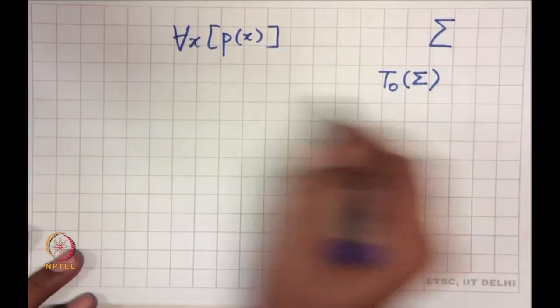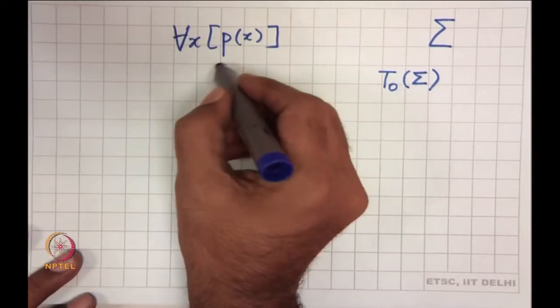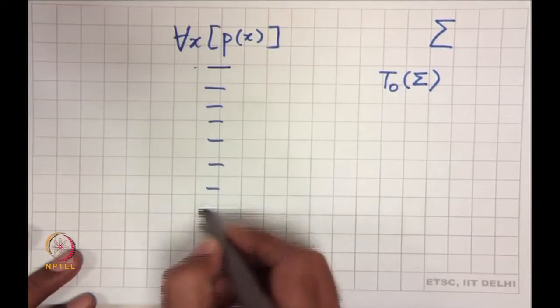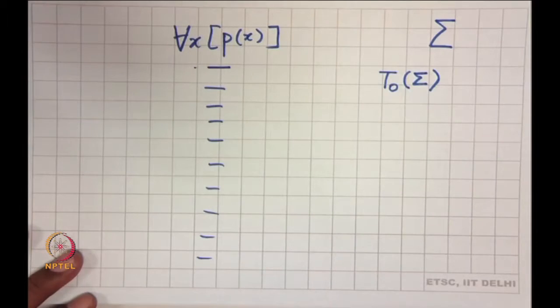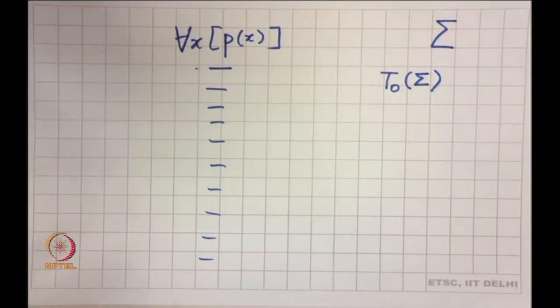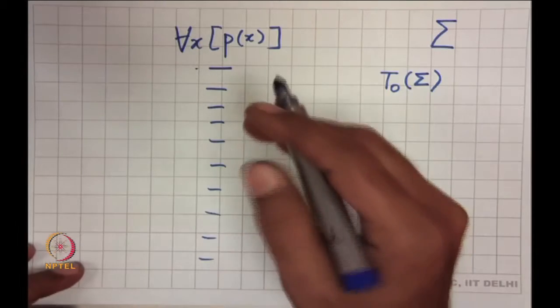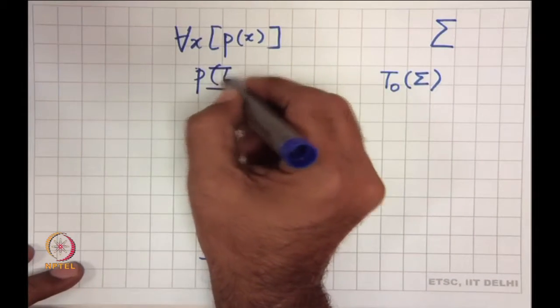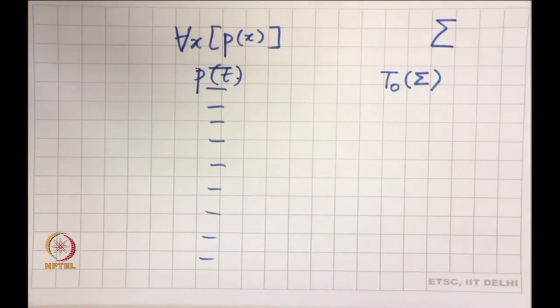So you are implicitly assuming this entire infinite set, and in some order, for all the elements t in T naught sigma, you replace x to give you P of t.